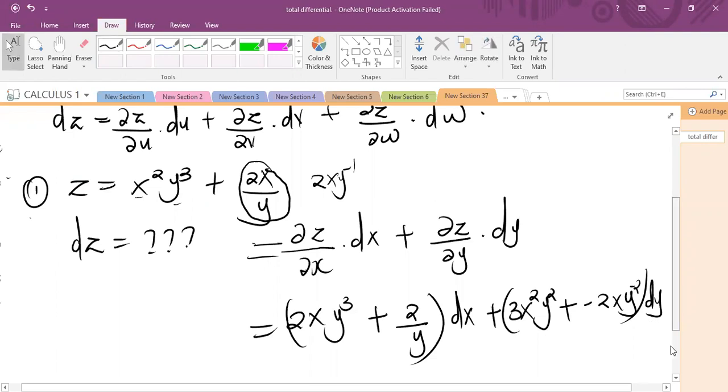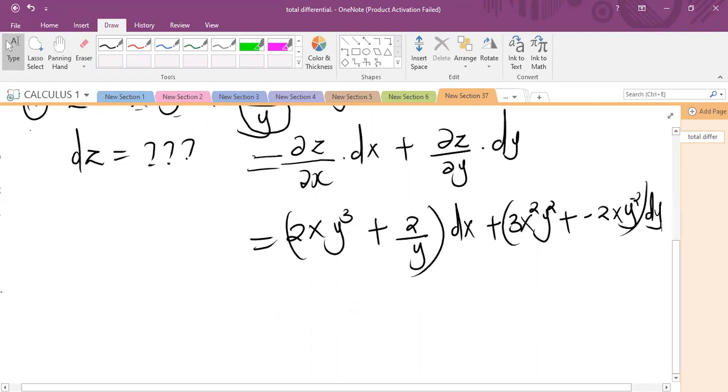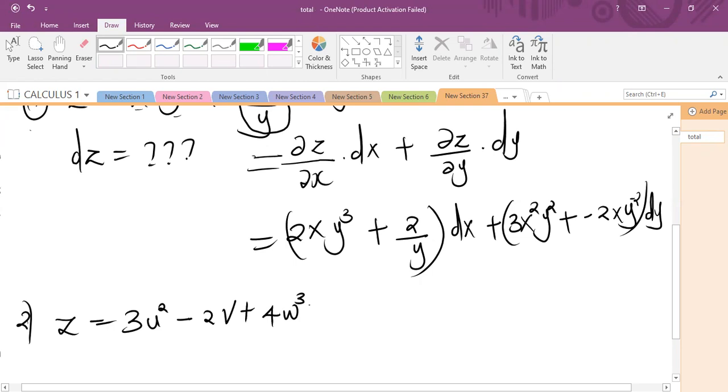We could take up another example, example number 2. You're given z is equal to 3u squared minus 2v plus 4w cubed v squared. And then you're being told to get dz. Now, z is written with respect to u, v, and w.